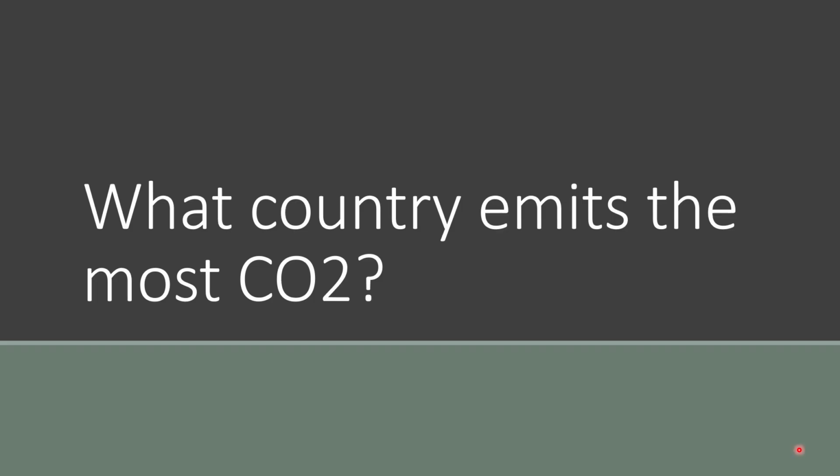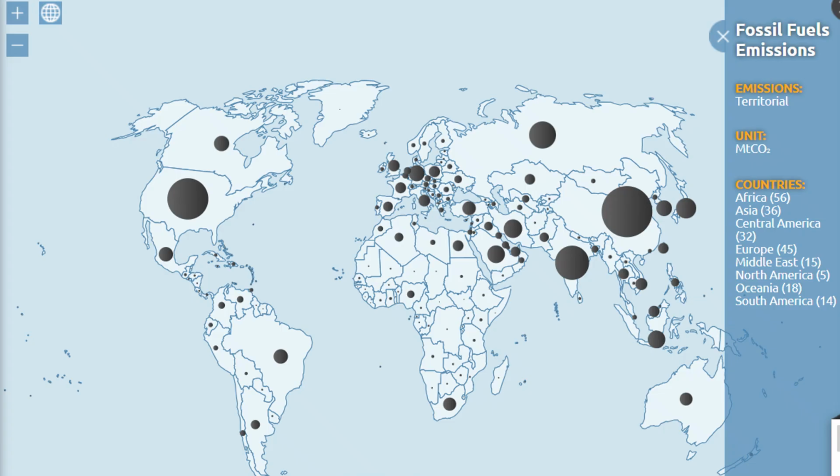I'd like to point out here this question of what country emits the most carbon dioxide. We have a lot of conversations at a global scale about finger pointing and blaming other countries, and saying, I'm not going to do anything to stop my carbon emissions until this country does something. So there's this wonderful website where, for those of you who have slides, you can click on the slide and it will take you to the website where you can play around with our current carbon map of the world.